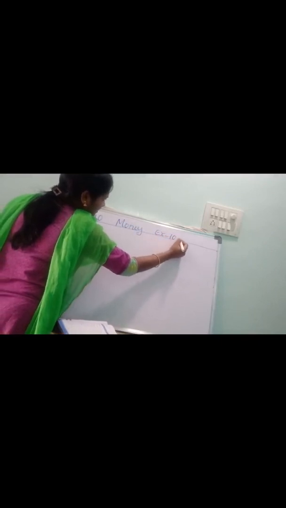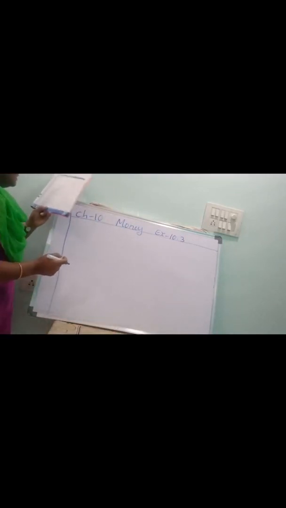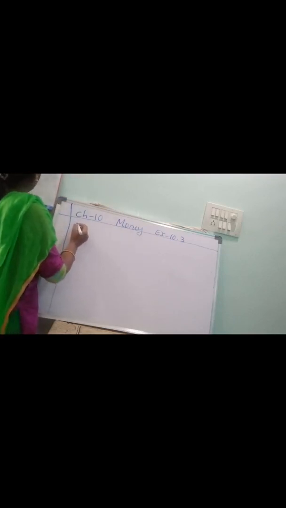Exercise number 10.3, the 13th one. Multiply rupees 67 by 6.